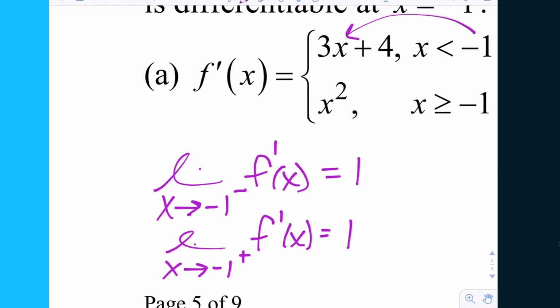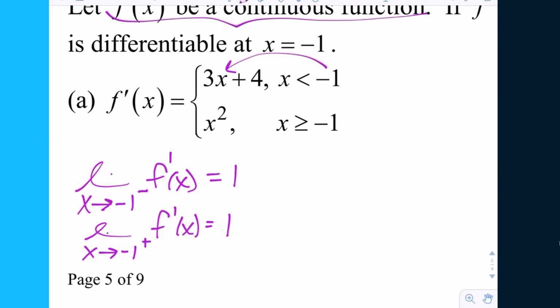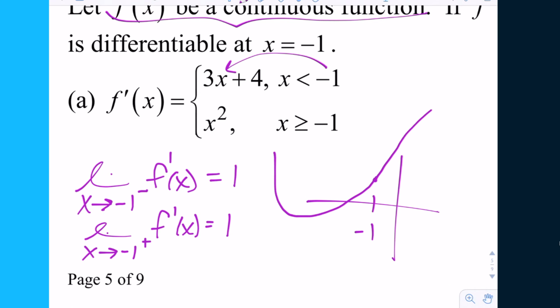So what we're saying is, as this graph is, let's come over here and see this. As it's coming in at the point, we don't know what the y value is, but as it's coming in to the point -1, whatever the graph looks like, it's approaching a slope of 1 as we come in there, and then it's picking up right there at the exact same place and leaving with the slope of 1, and then maybe becoming some other function.